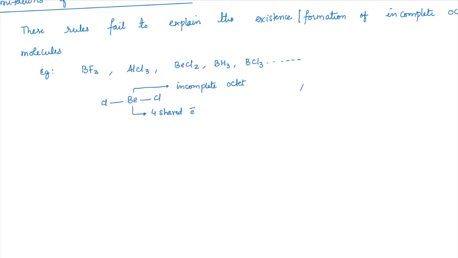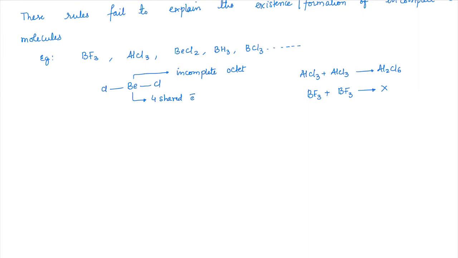So the tendency of AlCl3 plus another AlCl3 to form Al2Cl6 is quite high. In the same way, BF3 plus BF3 is very difficult to form a dimer. This may not happen for certain reasons. BCl2 plus BCl2 does form a dimer to form B2Cl4.